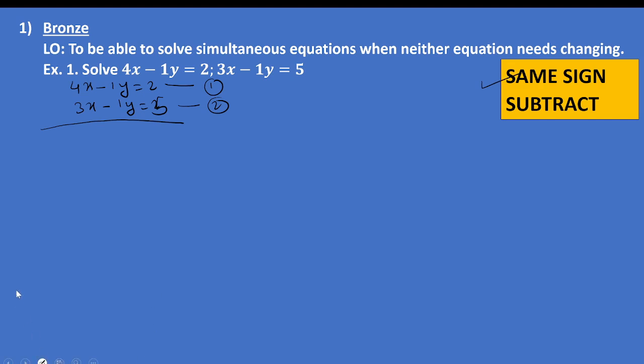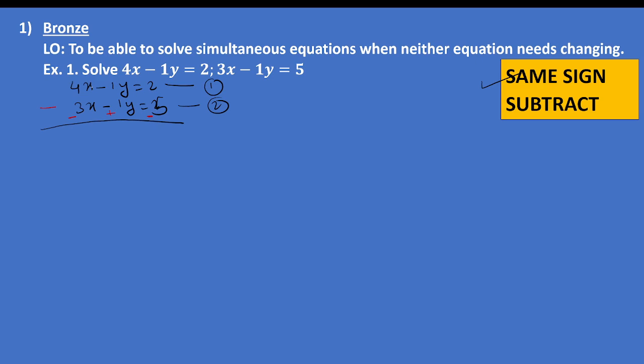So here also, to cancel out the y term, I'm going to use minus, and whenever we put a minus sign in front of any equation, all the terms of that equation change their sign. So here the first term of the second equation was 3x, which was already plus, so I'm going to change it to minus. Second, the y term was minus, so it is going to change to plus. And the last term, on the right side of the equal sign, is plus 5, it is going to change to minus 5. So now let's do the calculation.